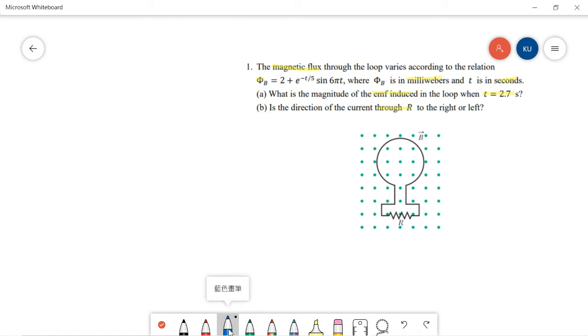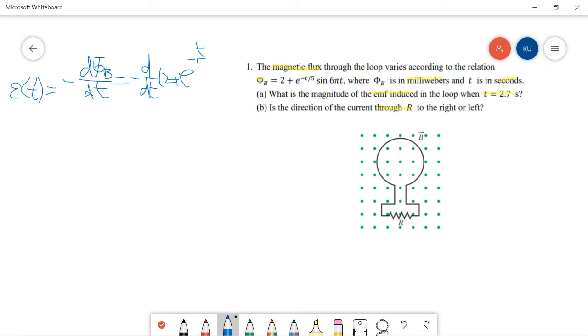So let's begin. According to Faraday's law, the induced EMF is the derivative of the magnetic flux with respect to time. Phi b is given by the question, so it is 2 plus exponential to minus t over 5 times sine 6 pi t.